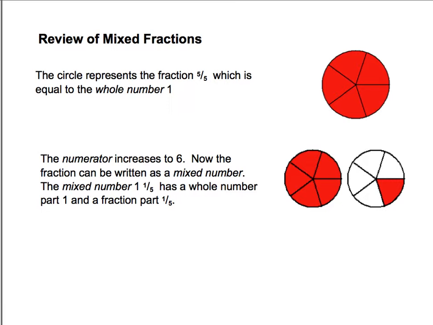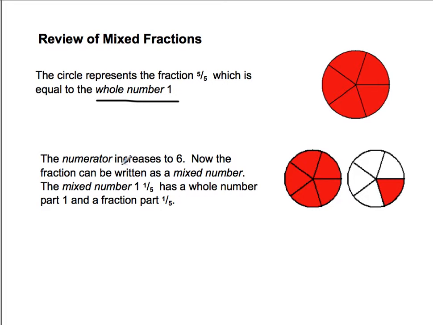So let's just review mixed fractions. When we have a circle, and our entire circle is divided into 5 pieces and all 5 are shaded, that means we have a whole number, the whole thing is shaded, so that's how we represent the number 1.